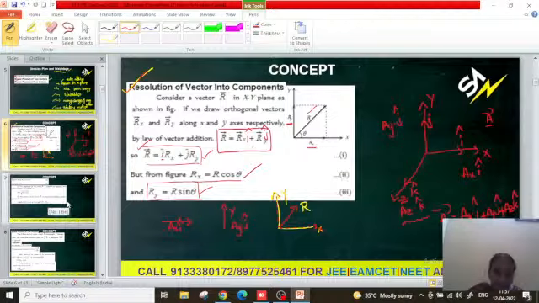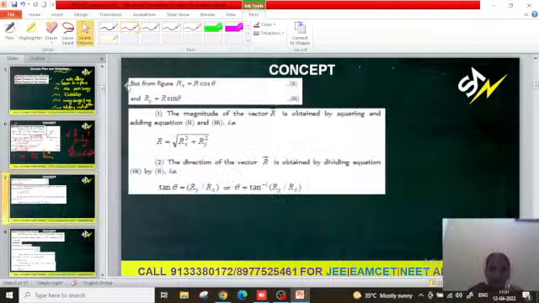For example, we just look into here. From the figure, Rx is R cos theta, Ry is R sin theta. Now they are asking, find the magnitude of the vector R bar. It can be obtained by squaring and adding the above equations.